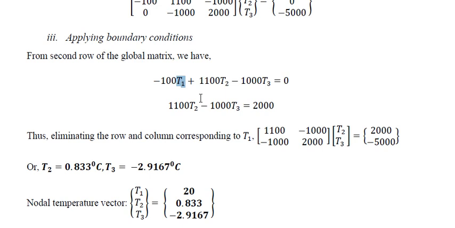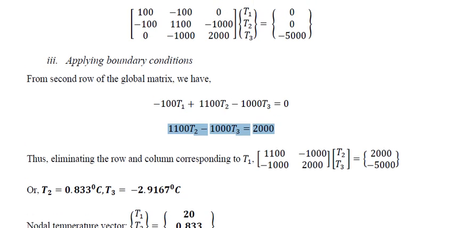Now substitute T1. The equation becomes 1100 T2 minus 1000 T3 is equal to, when minus 100 T1 comes to this side, it becomes plus 100 T1. T1 is 20, so it becomes 2000. This is the new equation for the second row. Both these equations are the same.